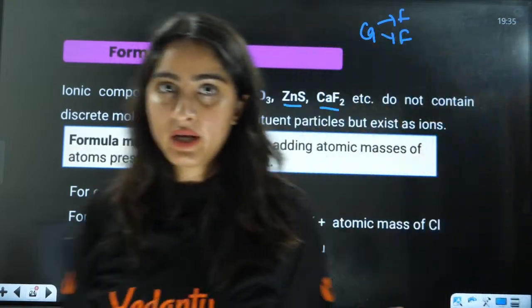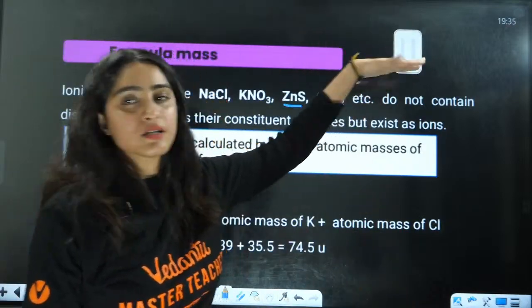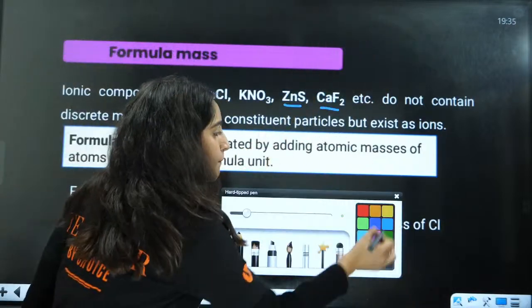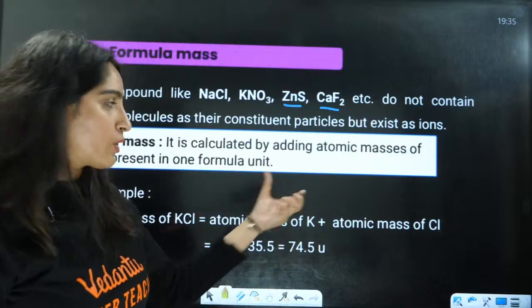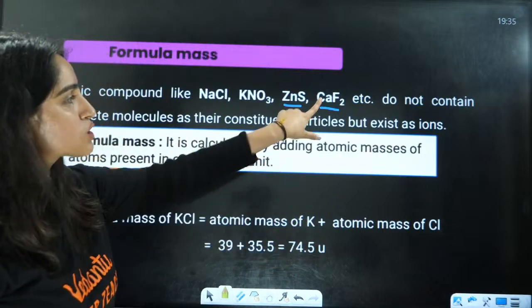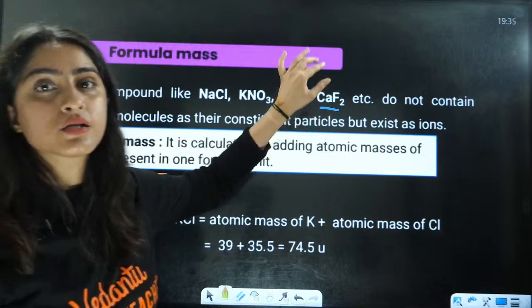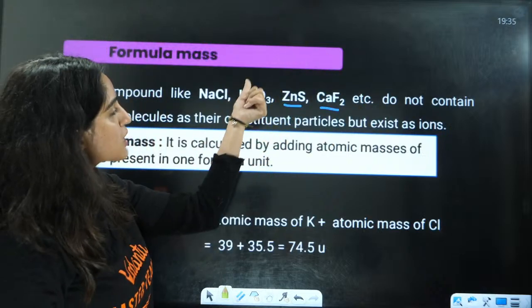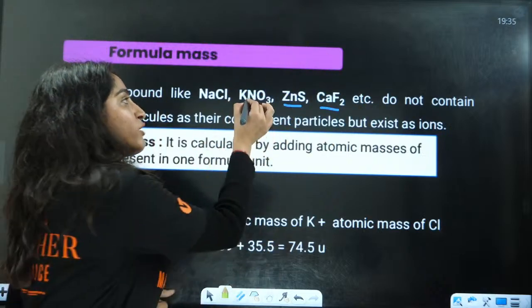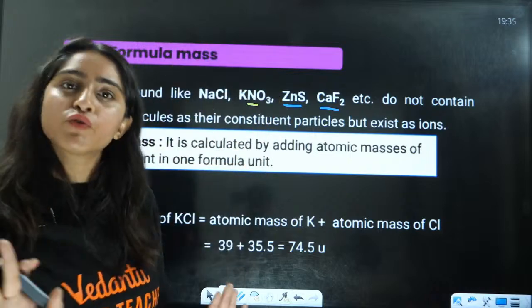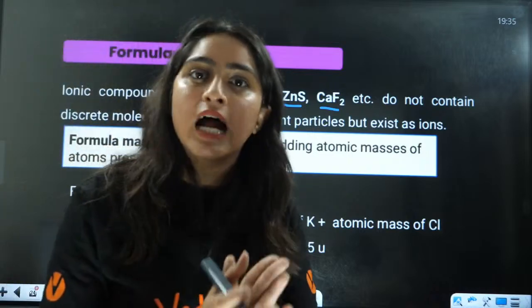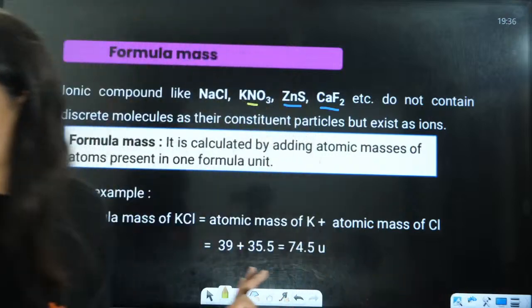And how do you calculate the mass for this? Similar way. That will be atomic mass of Ca plus 2 into atomic mass of fluorine. It will be atomic mass of potassium plus atomic mass of nitrogen plus 3 into atomic mass of oxygen. The calculation is completely similar, okay?